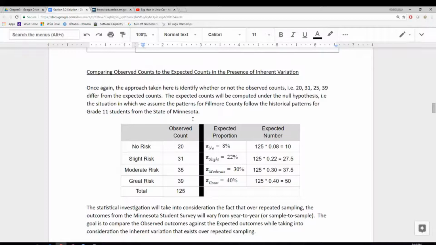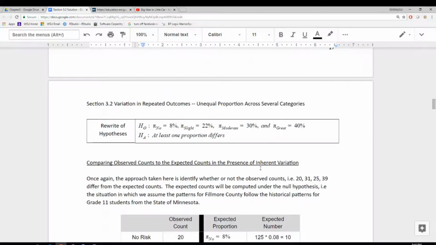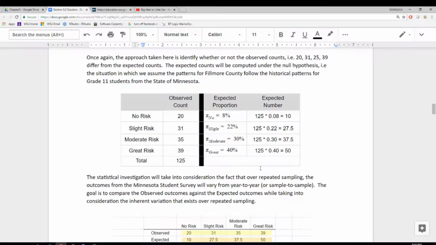We are once again, like we did in the previous section, simply going to compare the observed counts to the expected number for each category. So now that I know what the percentages are for the historical patterns, the 8%, 22%, 30%, and 40%, I can use those to compute my expected number. So what do I do for the expected number?